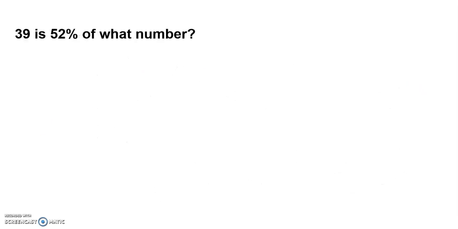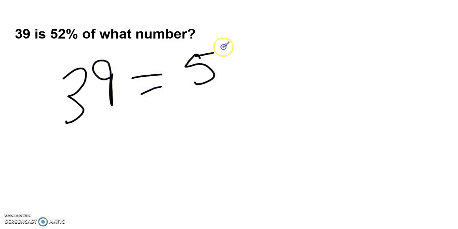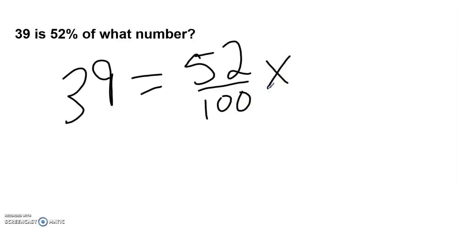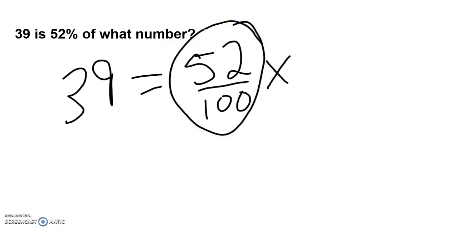Okay, so 39 is 52. I'm going to put it over 100. You could do a decimal if that's what you like. Of what number? First I'm just going to simplify this to make my life easier. I'm going to change colors too.